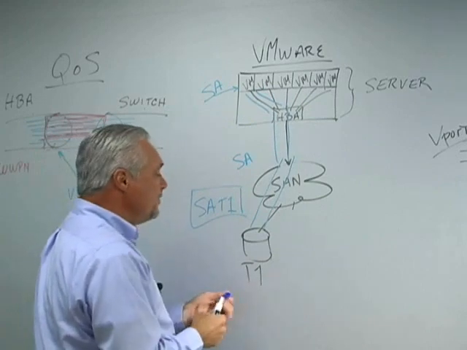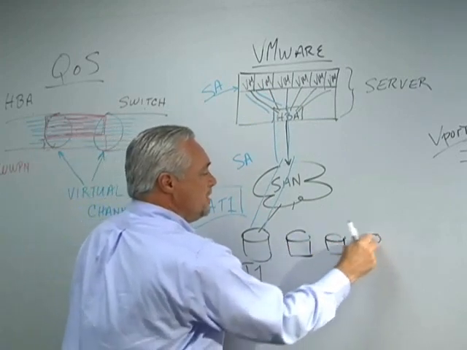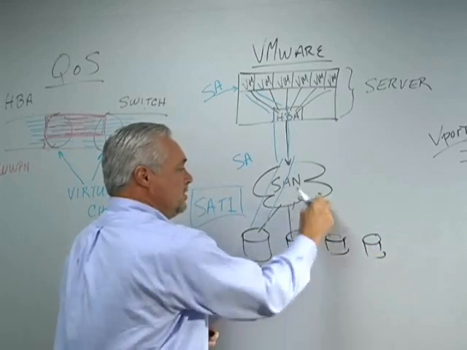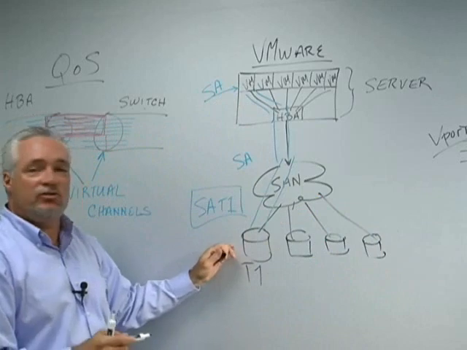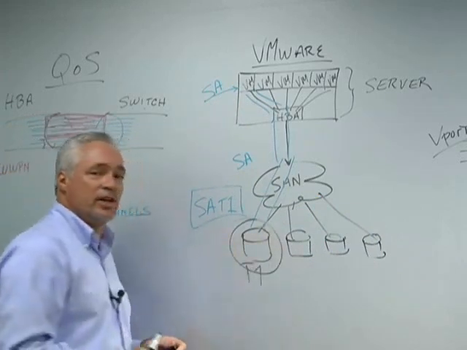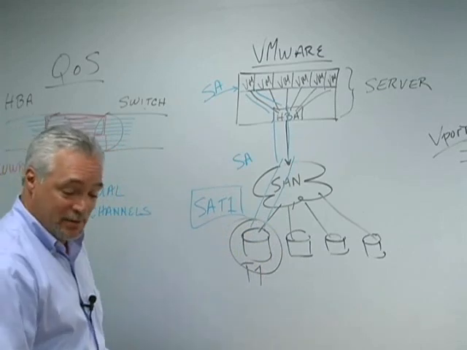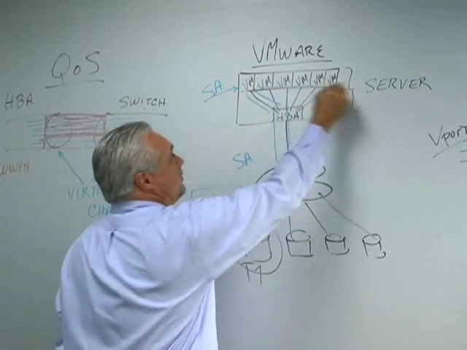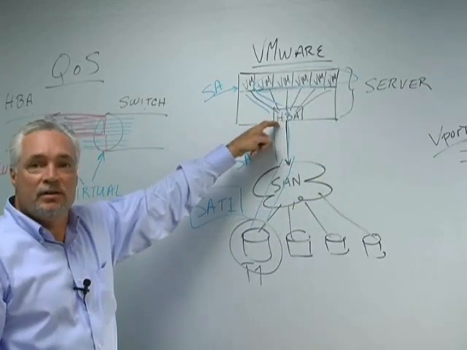So even if I do have NPIV working here, and I have multiple LUNs out here all talking to these virtual machines, I could say, hey, SA is working here, but this still looks pretty good. There's nothing going on down here. My storage guy says, everything looks good, I don't know where your problem is. I'll tell you what your problem is.